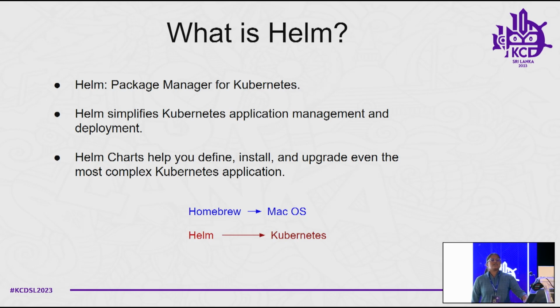And if you are a Mac user, you have this package manager called Homebrew. You know how easy it is to install and manage all software applications with Homebrew. Like for macOS we have Homebrew, like that for Kubernetes we have Helm.